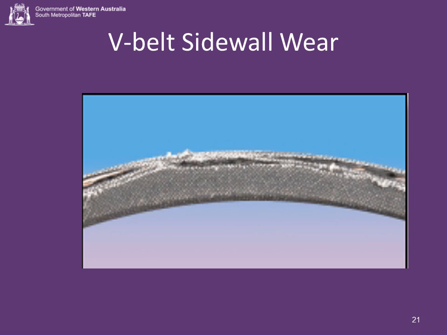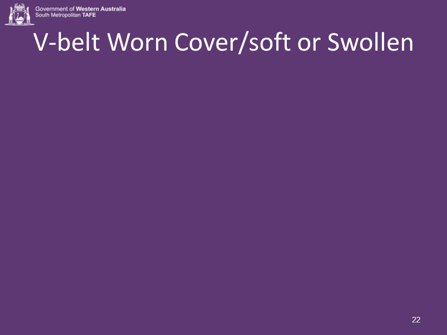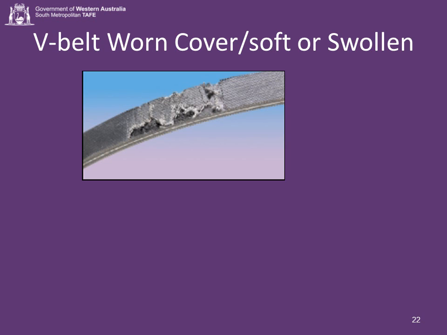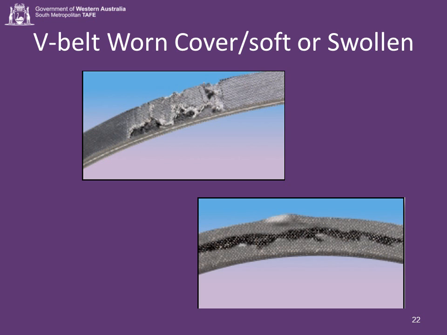All of these can cause sidewall wear. Cover soft spots or swelling can be caused by the belt being improperly put on or improperly pried. Defective or worn backside wear can be caused by wear in the backside idler or excessive exposure to oil or grease.